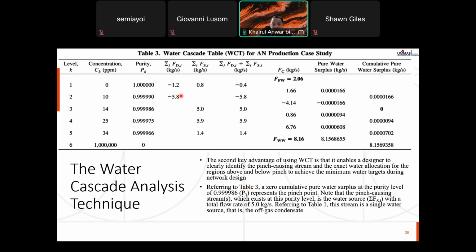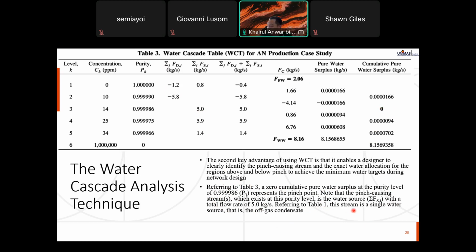Referring to table 3, the zero cumulative pure water surplus at the purity level 0.996 presents the pinch point. Note that the pinch-causing stream which exists at this purity level has a flow rate of 5, and the second is 1.